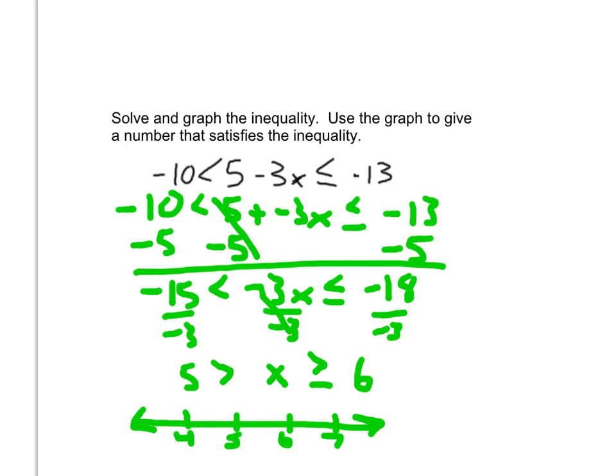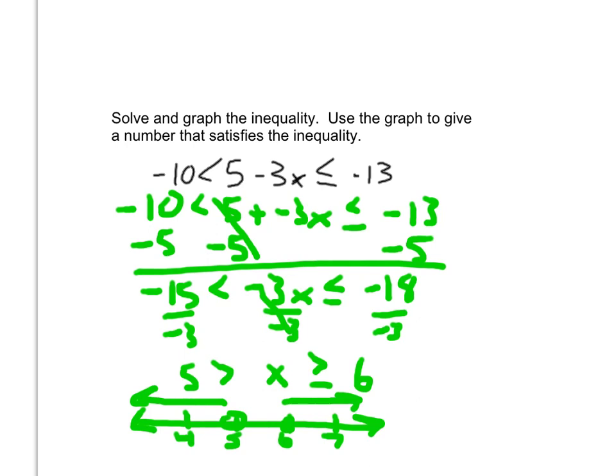Okay, so we need an open dot at 5. Closed dot at 6. Now, when I'm reading this again, this says that 5 has to be bigger than our numbers. So 5 is bigger than our numbers, then our shading should go this way. It also says that our numbers should be greater than or equal to 6.